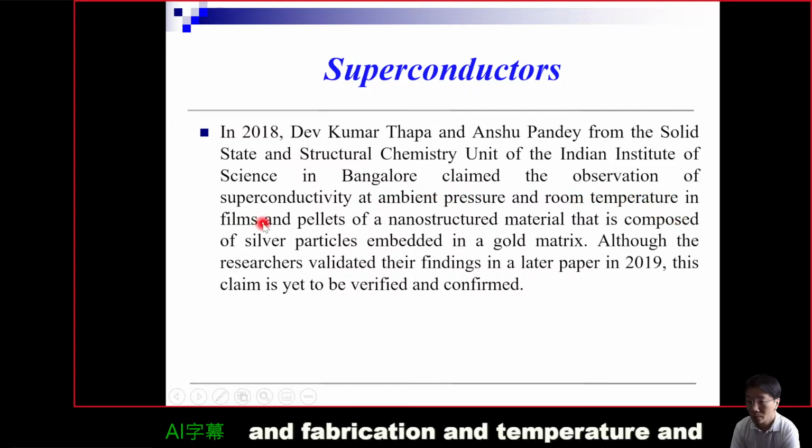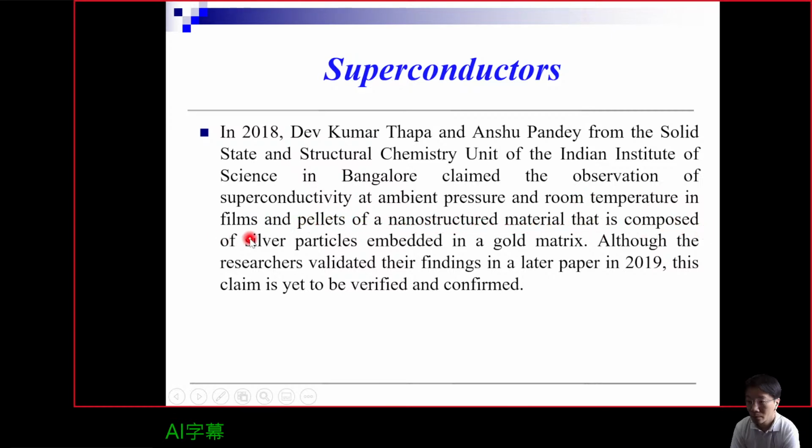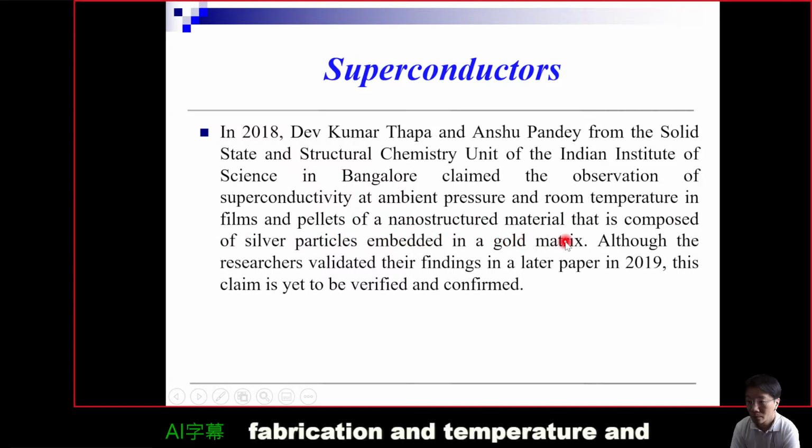They are in films and pellets of a nanostructured material composed of silver particles embedded in a gold matrix. So that would be very expensive, right? A lot of research, but then they found in a later paper in 2019 that this claim is yet to be verified and confirmed. So it seems to me that no other group has confirmed this report.